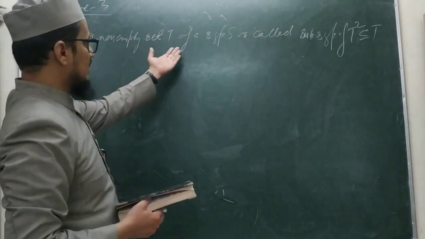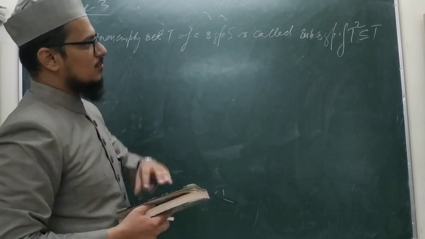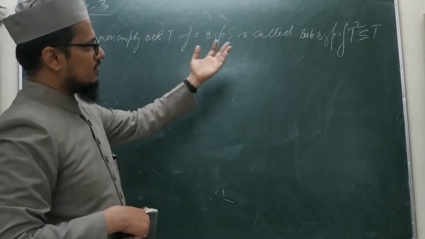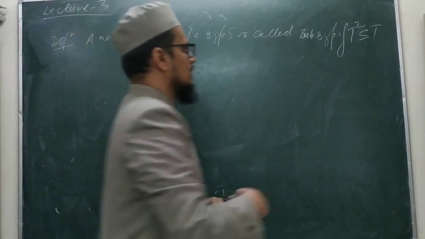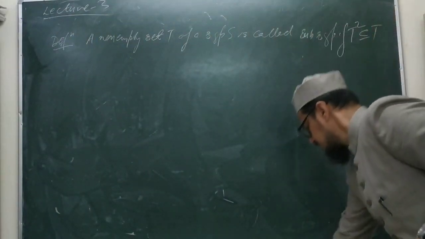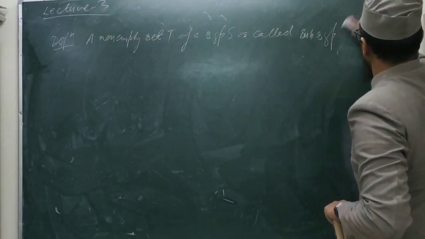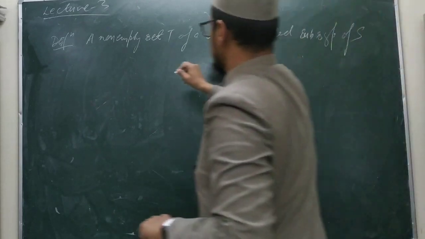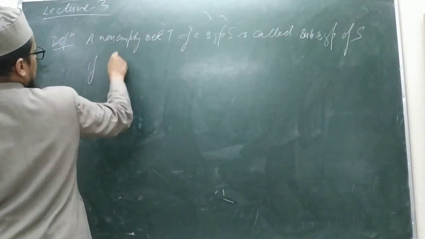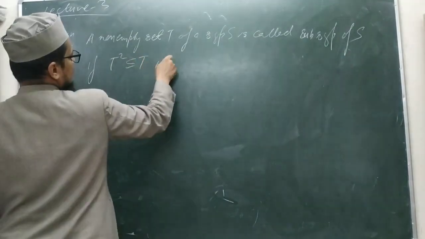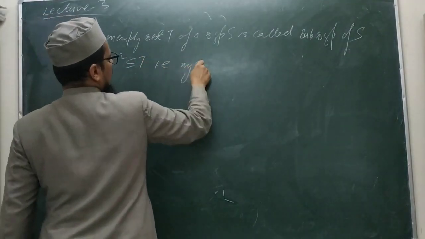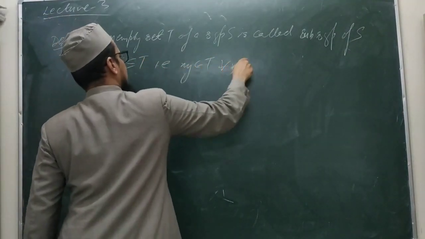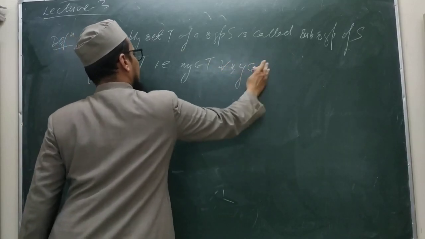So a non-empty set T of a semigroup S is called a subsemigroup of S if T square is contained in T, that is, xy belongs to T for every x, y belonging to T.